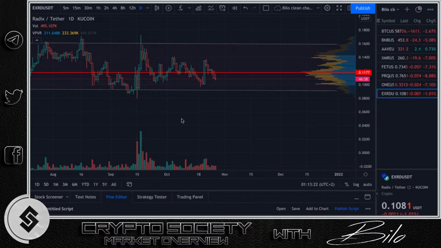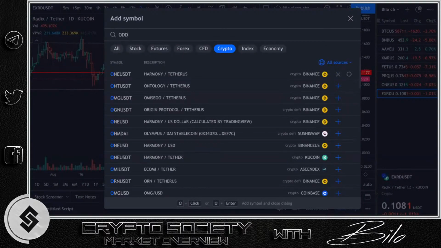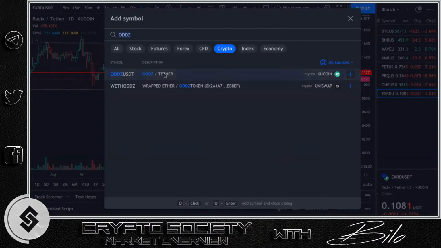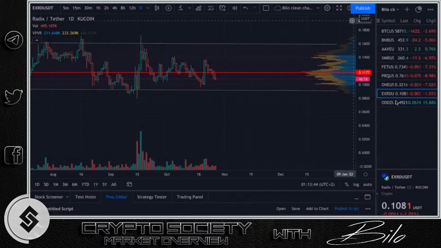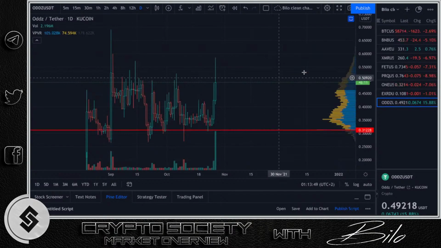Just a thought, there's a lot of these little gems on KuCoin, actually. I was also looking at ODDZ on KuCoin. Same sort of thing. That's had a nice spike the last couple of days, and I'm actually expecting that to break out now.